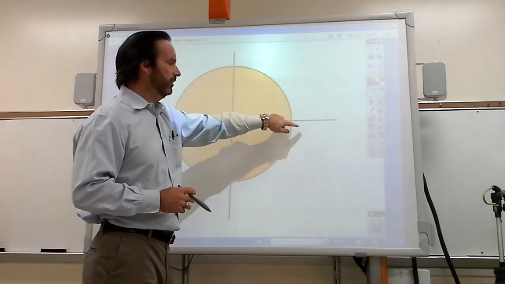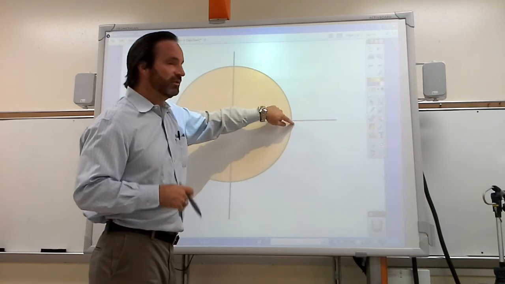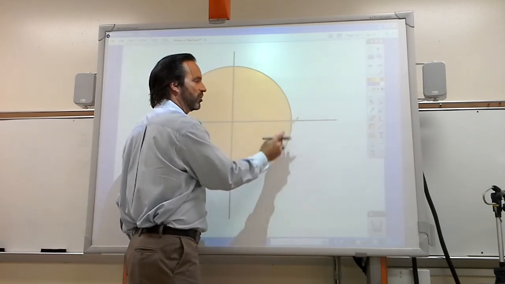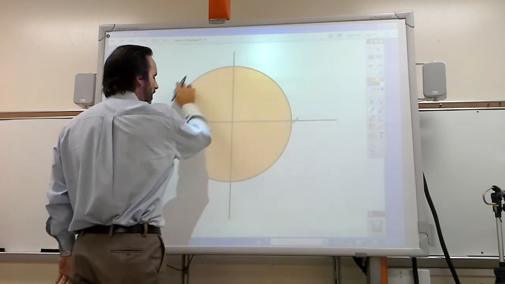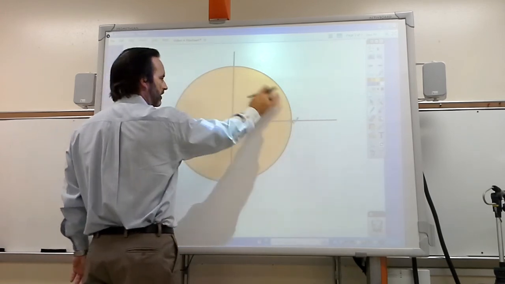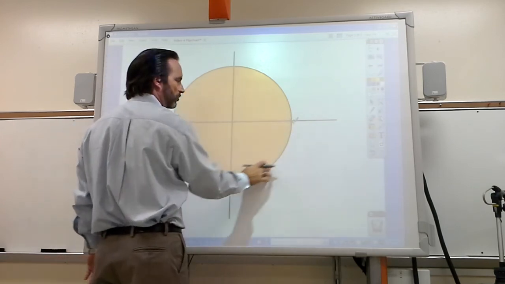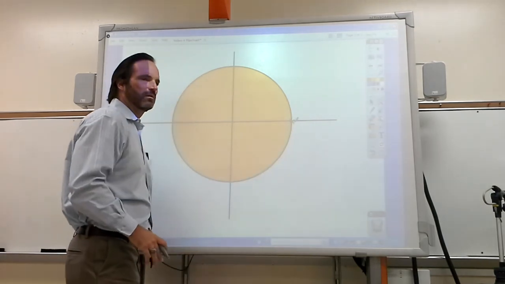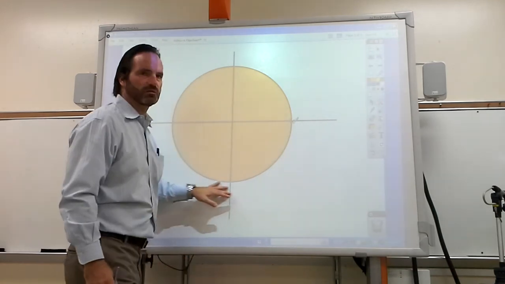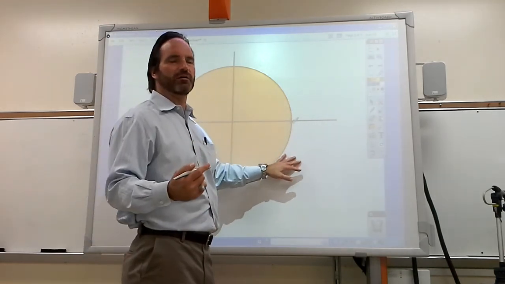We should know that in degrees, we're starting off here, and we go counterclockwise is positive, clockwise is negative, and a full rotation we know is 360 degrees. We also have learned that a full rotation in radians is 2 pi.